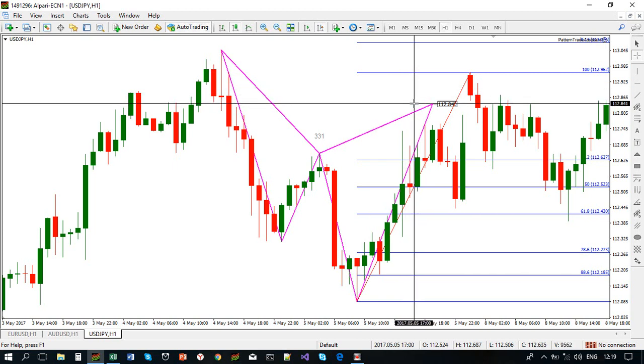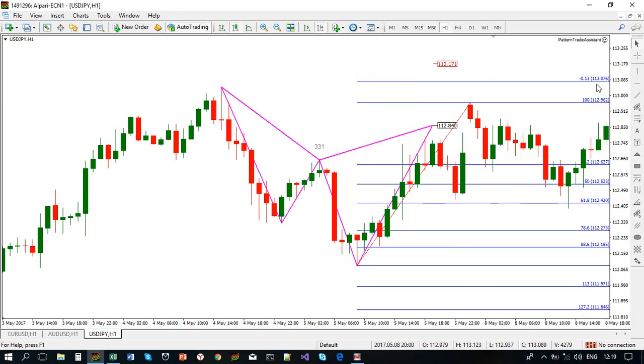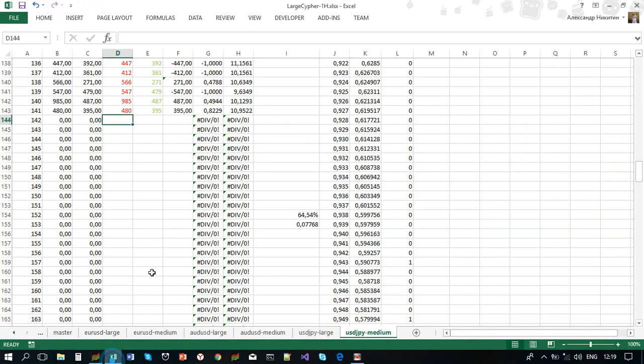Okay, let us calculate it from here. From this entry, 21.3 to 33.1, and it equals to take profit.